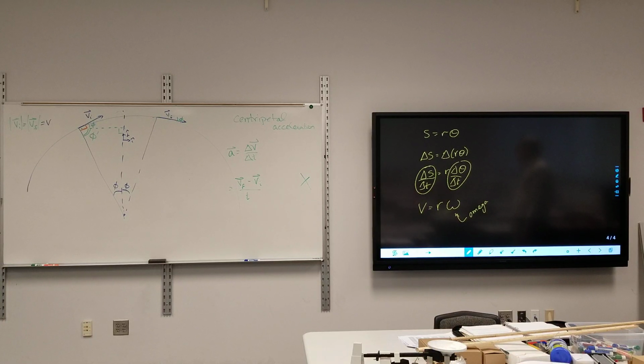So we have a relationship here between V and omega, how fast this thing is rotating. The SI units of omega would be radians per second. In everyday speak, our typical units are RPMs. That's typically how I see it.